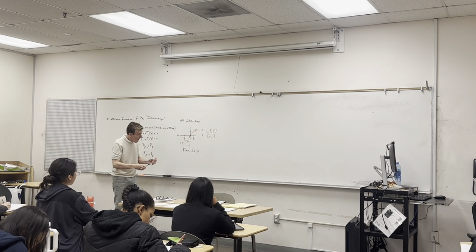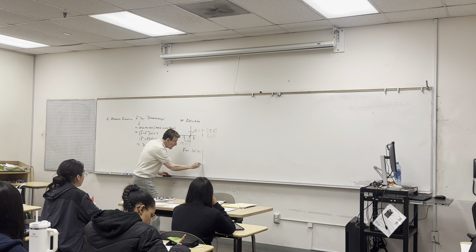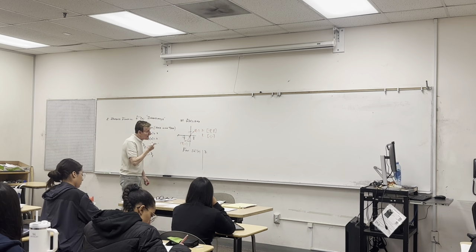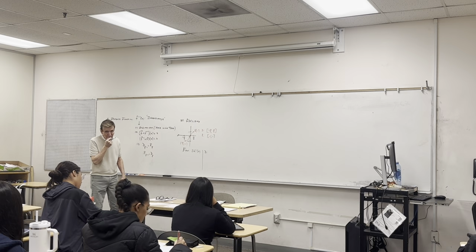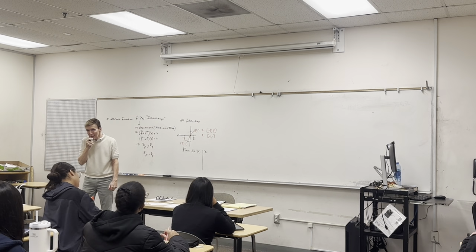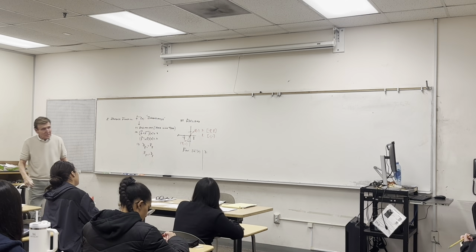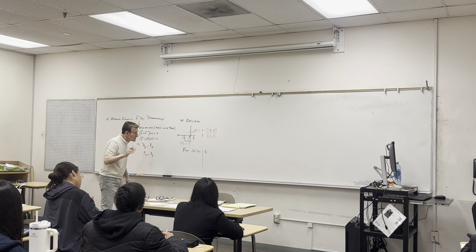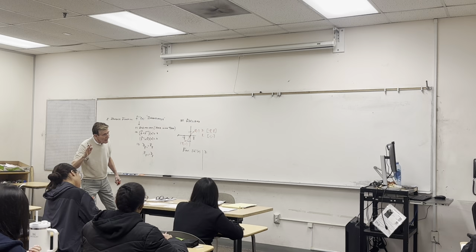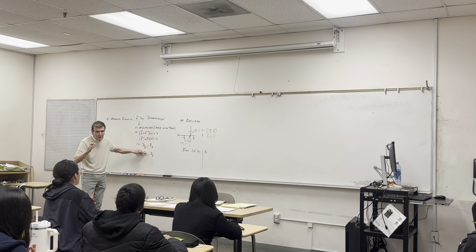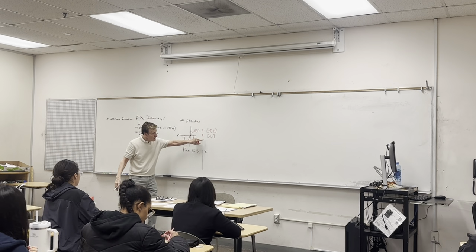So let's drop down here and now list the domain, I'm using black here, the domain of the inverse. Now what would you say, based on what you see up here, would act as the domain of the inverse? To begin, one of my students said this right here was critical: should the domain of the inverse correspond with the range of the original? And what was the range of the original?